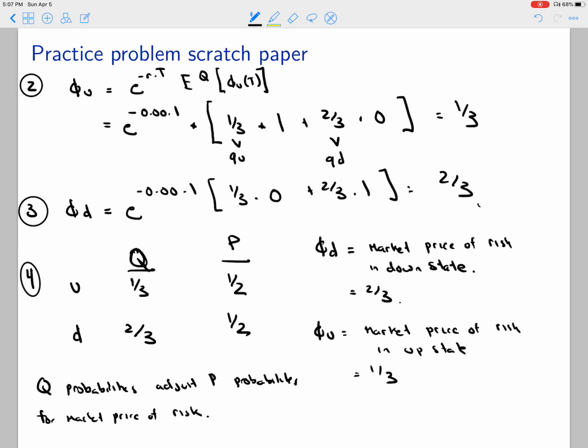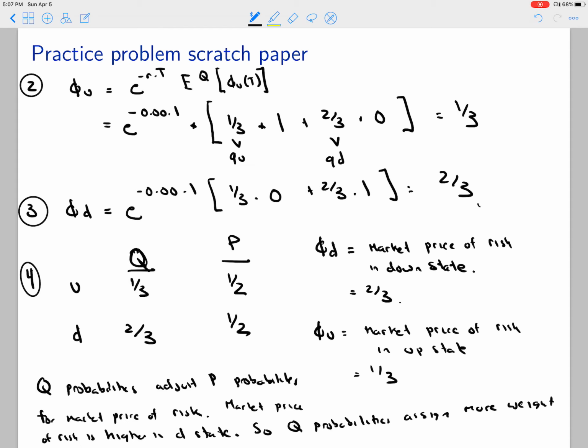The market price of risk is higher in the D state, so the Q probabilities assign more weight to the D state than in reality.